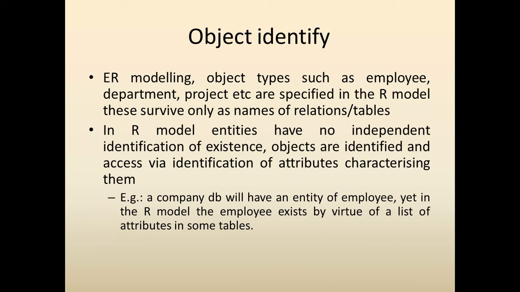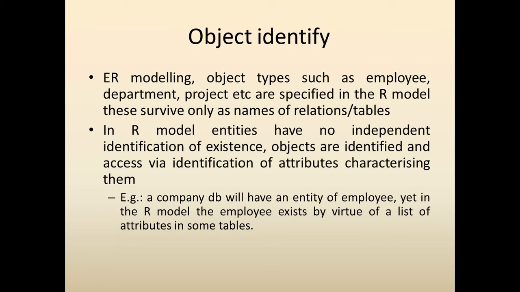And object identity. In the entity relationship model, object types such as employee, department, project, etc. are specified, but in the relational model these survive only as names of relations or tables.